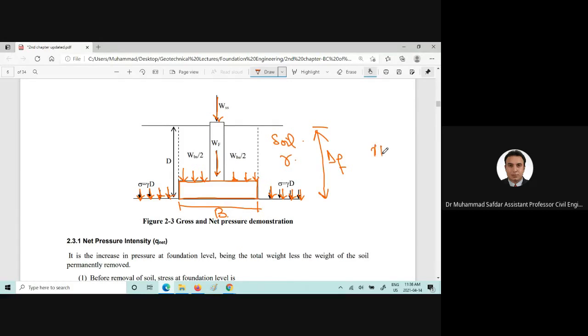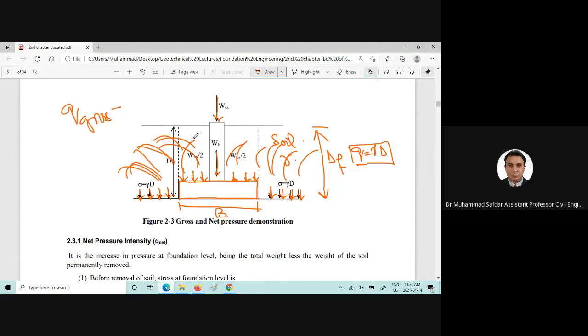So gamma into D, I would call that Q. If we remove this soil from the Q gross, because in Q gross it was included, and subtract this portion, which is gamma into D, we will obtain the Q net.